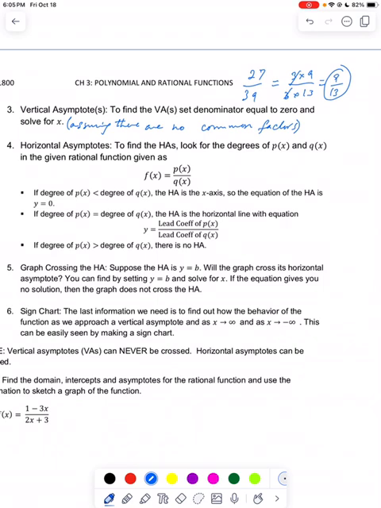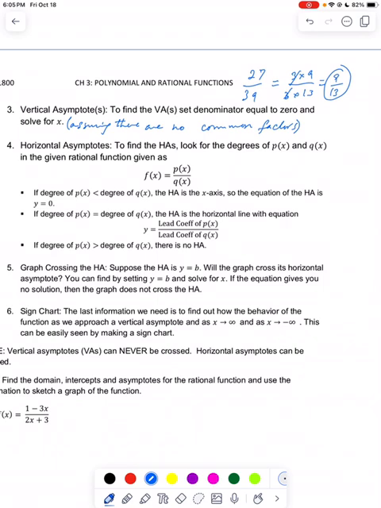We are only going to do functions which do not have any common factors. So this is how you will find the vertical asymptote. You will set the denominator equal to 0 and solve for the x values, and then throw away those x values to find the domain, but those x values are going to be your vertical asymptotes. Next.